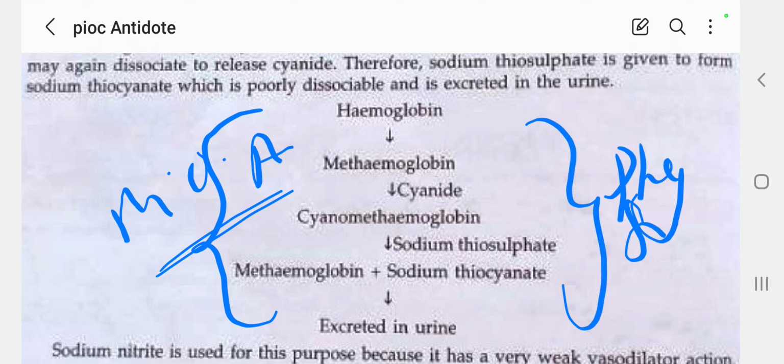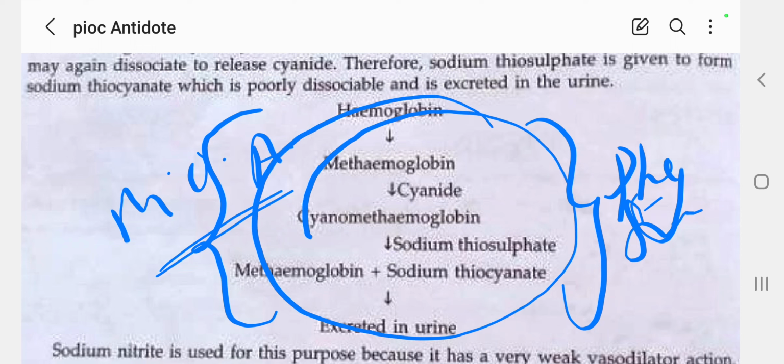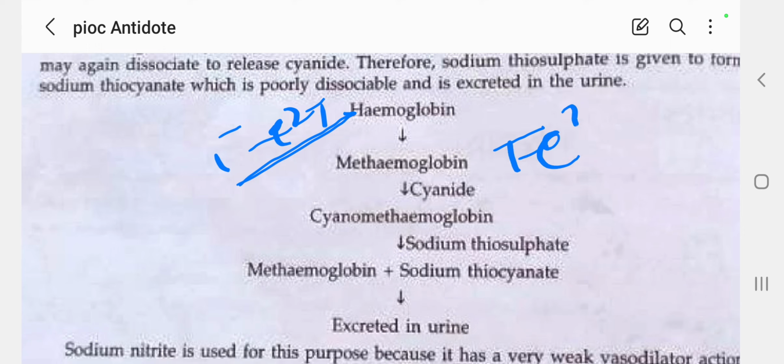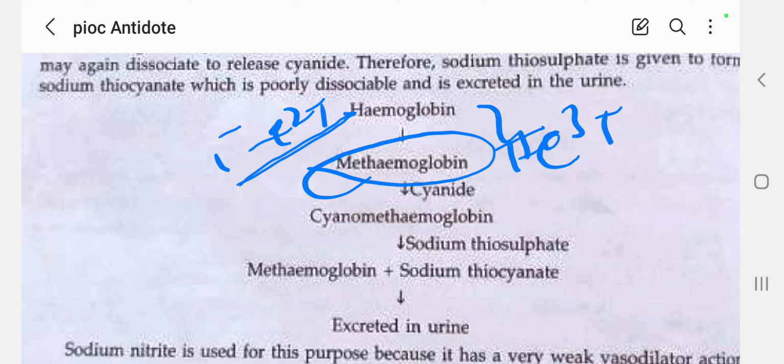How does it physiologically change the nature of the poison? The ferrous form of hemoglobin, Fe2+, is converted into the ferric form of methemoglobin. That is the first physiological change, after which it binds with the cyanide, forming cyanomethemoglobin.